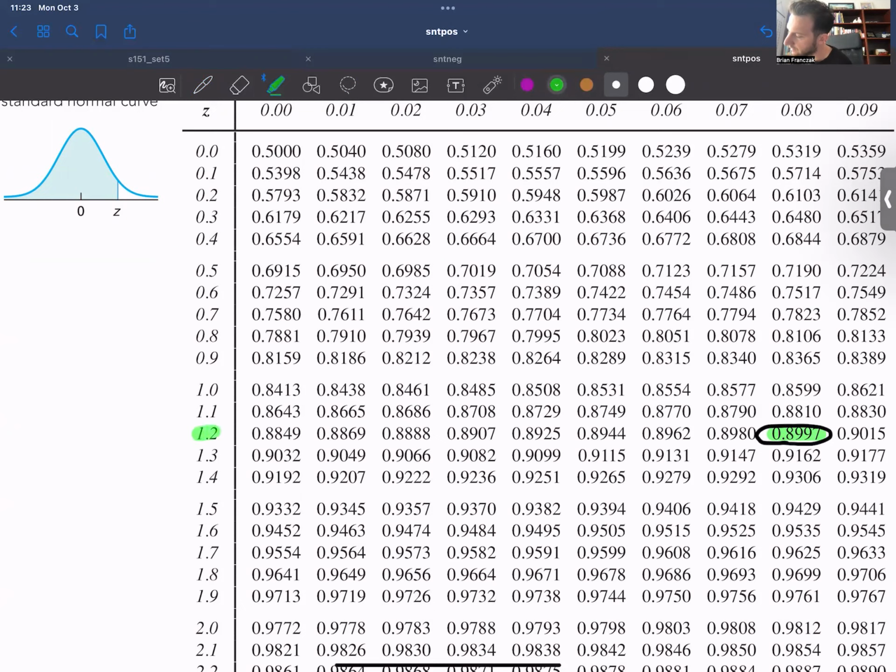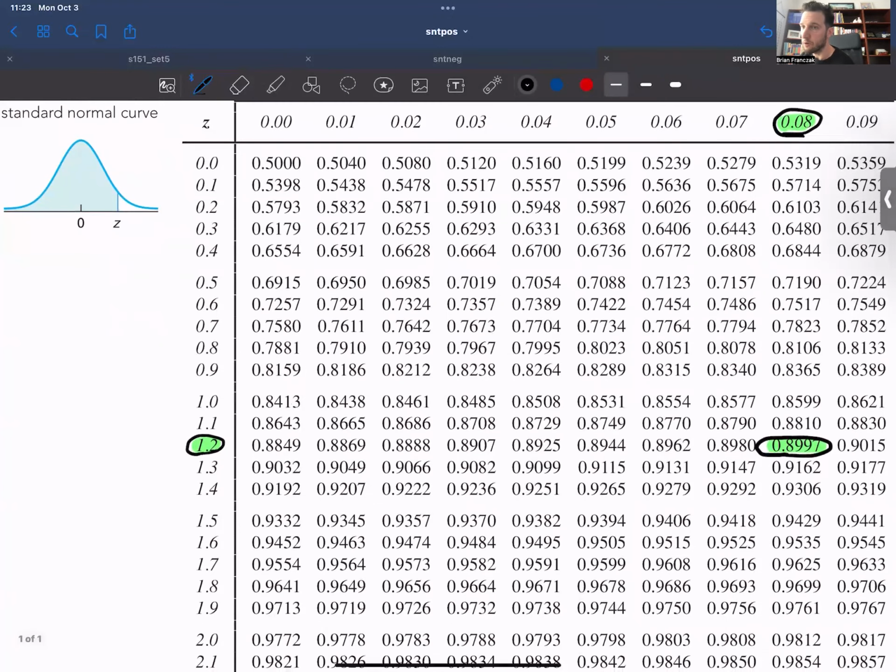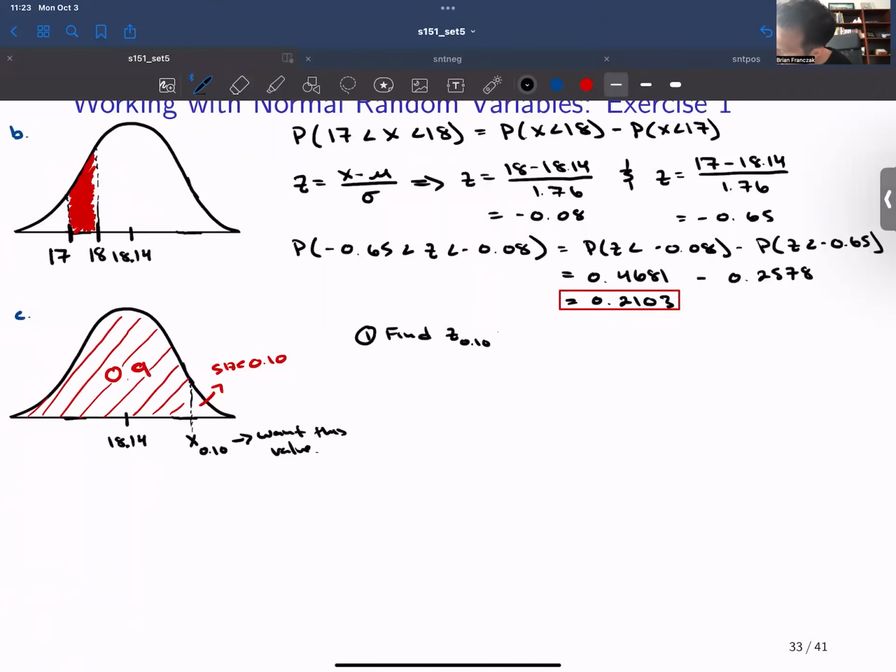So we come out to the axes and we have 1.28. So this is saying from the table that the 90th percentile of the standard normal curve is 1.28. Okay. So z subscript 0.1 is 1.28.